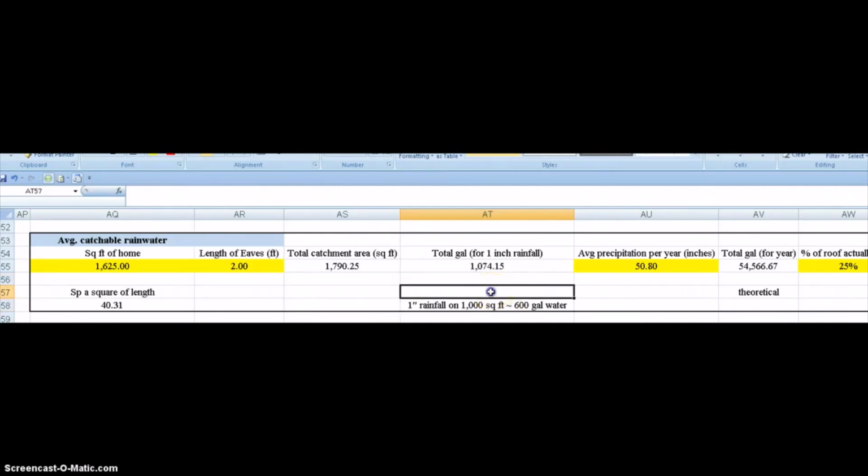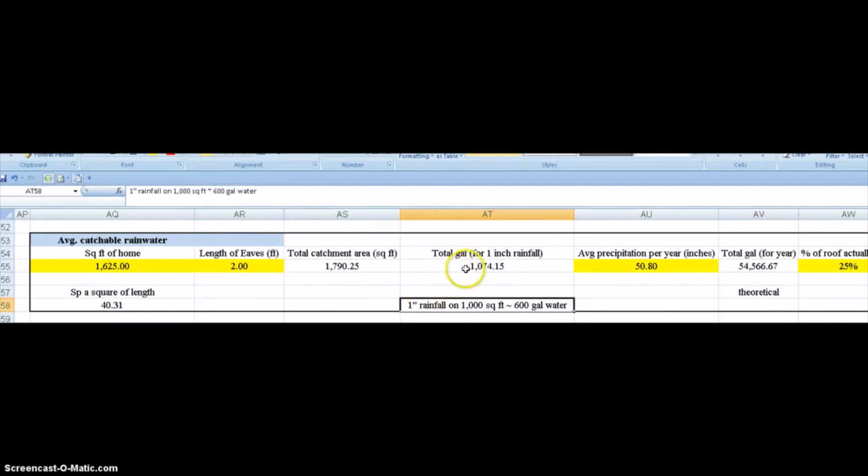You get that by converting this 1 inch into feet. You take this 1,000 square feet, multiply it by 1 inch converted into feet, and you'll get roughly 83 cubic feet. And then you convert cubic feet into gallons, and you get approximately 600 gallons. So that's where this fact comes from.